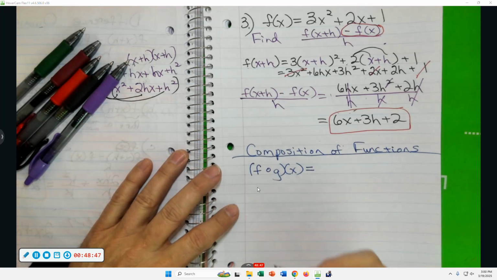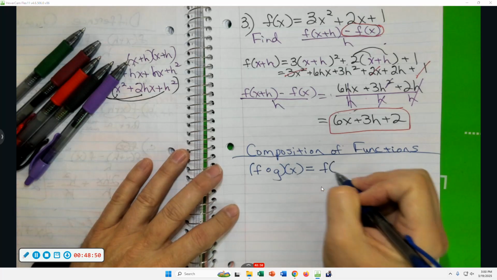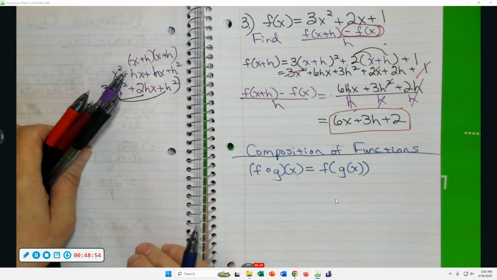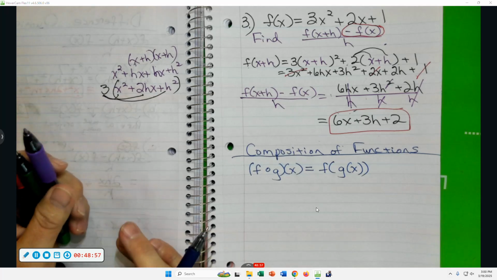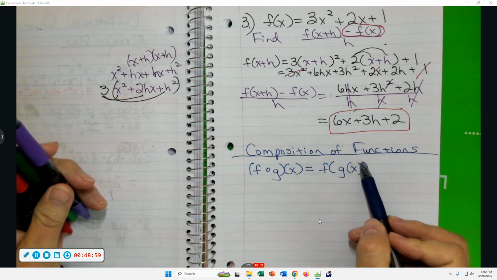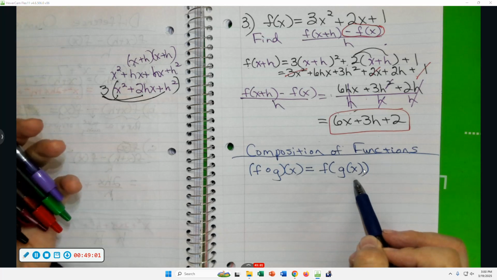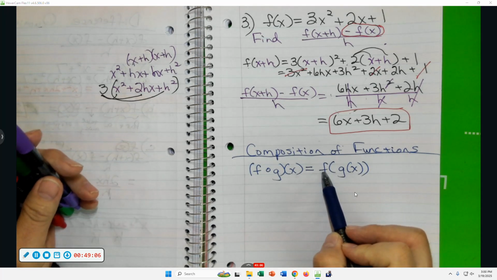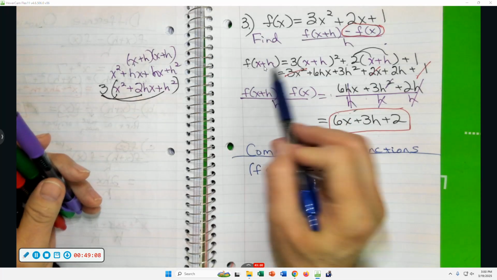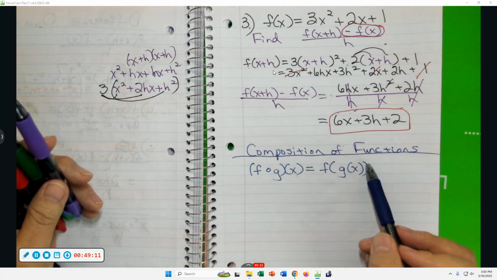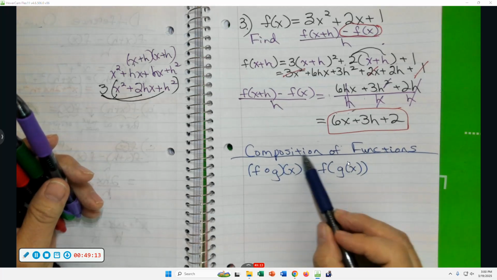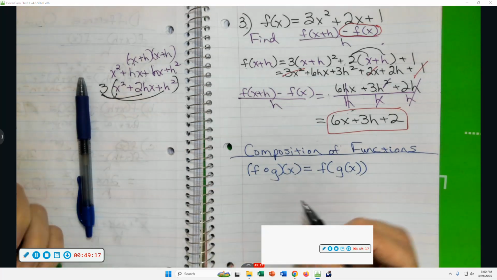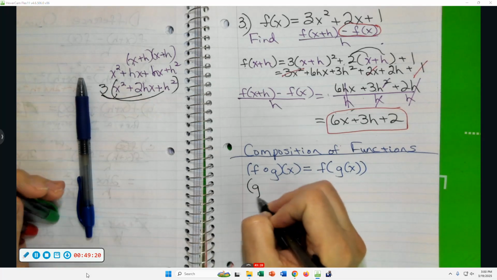That is defined to be F of G of X. Composition of functions is just repeated use of function notation. We know how function notation works. You take what's in the parentheses and plug it in for the variable. This is saying take G of X, plug it into the function F, and that's not the same thing as G composed with F.